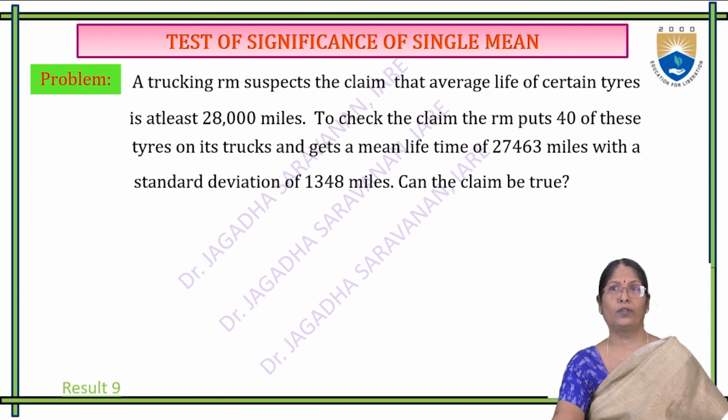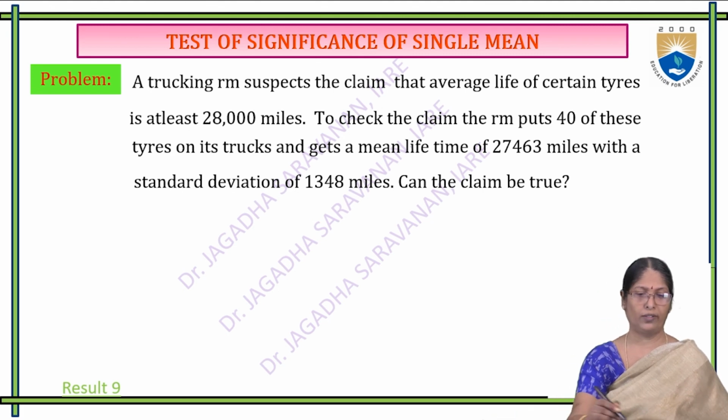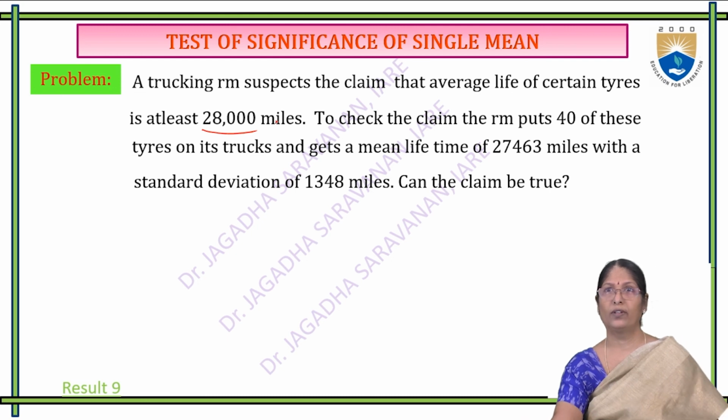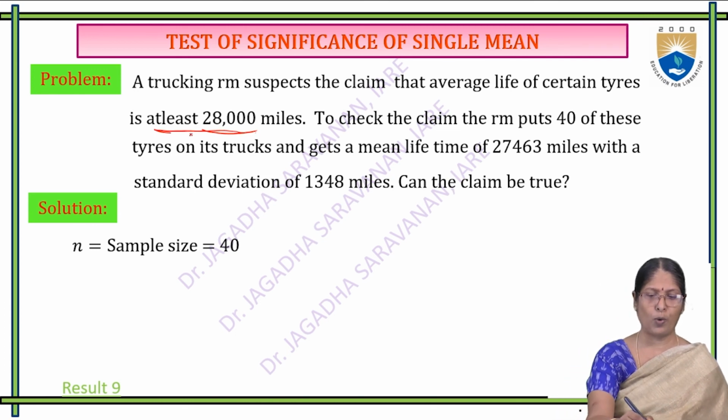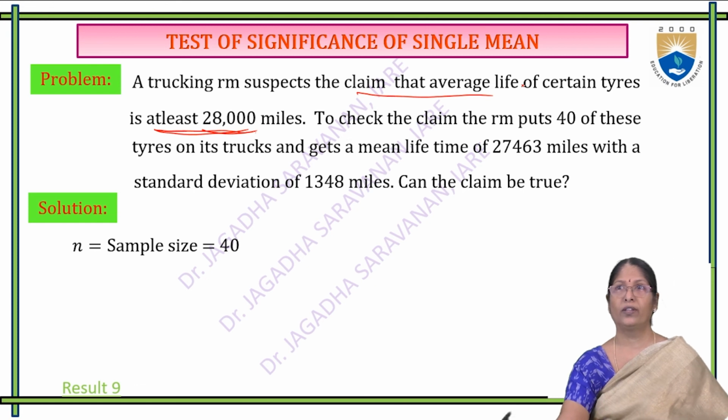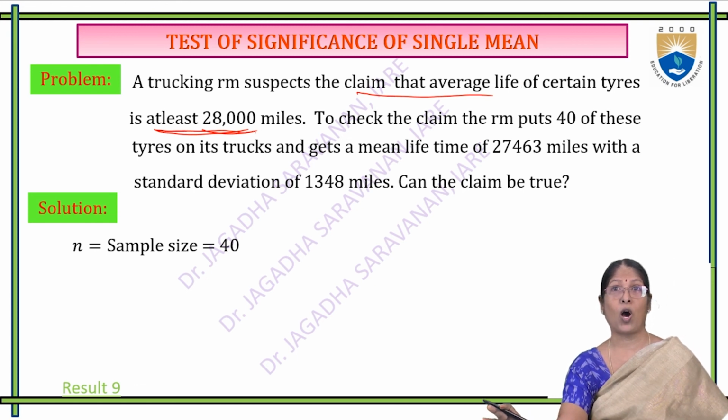Now, for these car tires, the overall average mean is 28,000. Whether to accept or not, we can see here, n equal to 40. This is a statement about the population. It is given that the tires can run 28,000 miles.